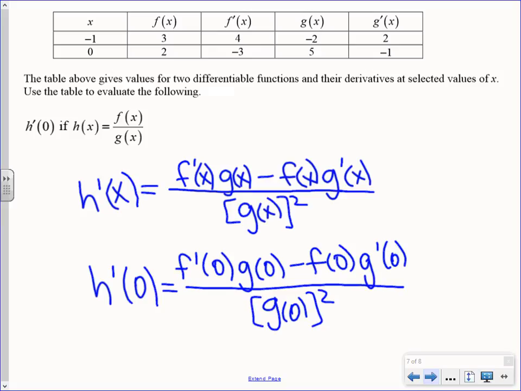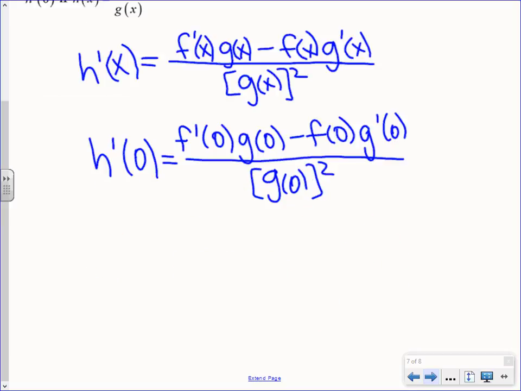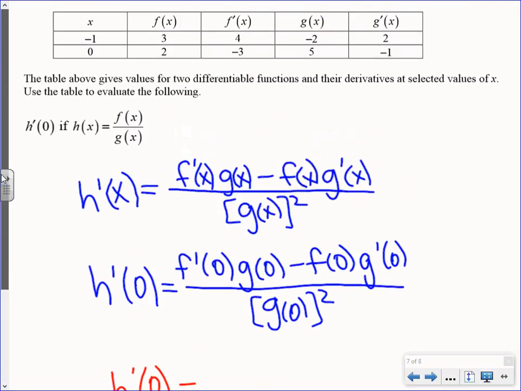How will we figure out what all of these values are? How will we figure out all of these values? Look at the chart. Which I wrote too big. I'm going to have to scroll back and forth. Okay. Looking at the chart, what is f prime of 0?